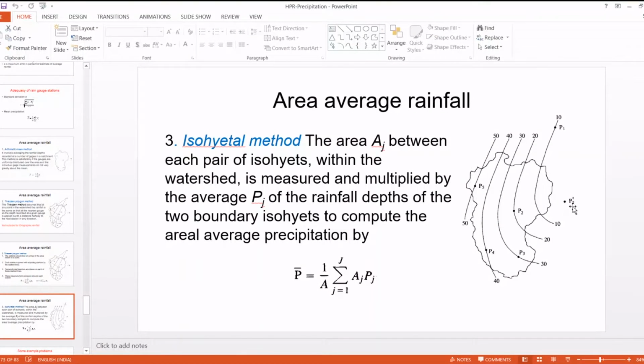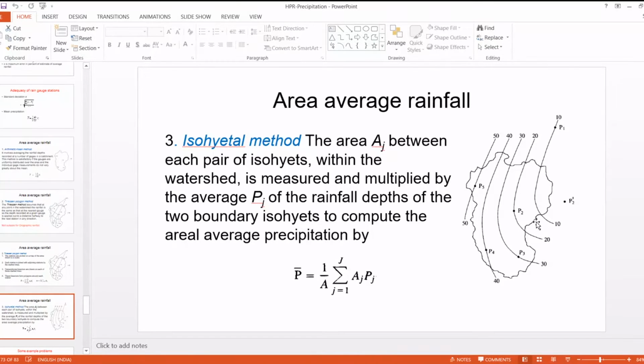Because we know the rain gauge stations like P2 prime, P1, P2, etc. So using interpolation, we can draw the points of the same rainfall, then we join them, and we get an isohyet. You can see that this catchment area is divided into a number of elements, and each element is surrounded by two isohyets and the other two sides by the boundary.